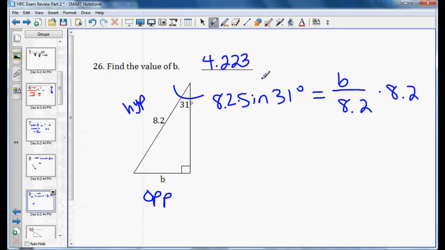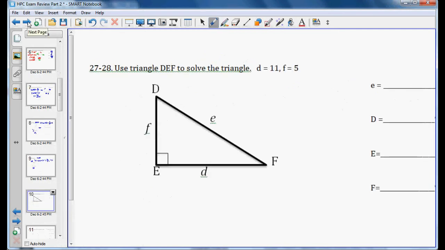Okay, now we've got to figure out all the parts of this triangle. Well, we can go ahead and see angle E is 90 degrees. That's what that box means, as I'm sure you know. So we can put 90 degrees there. They tell us that side F is 5 and side D is 11. So we can figure out the third side, side E, by using the Pythagorean Theorem. We can do 5 squared plus 11 squared equals E squared. And we do it that way because we know E is the hypotenuse.